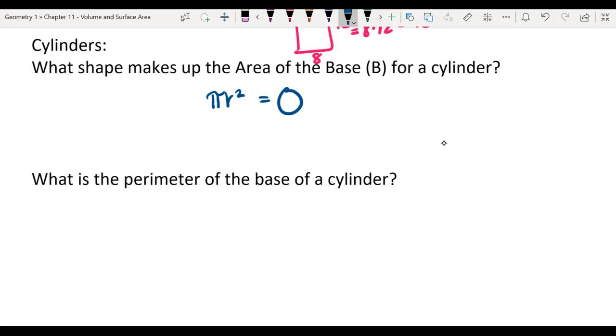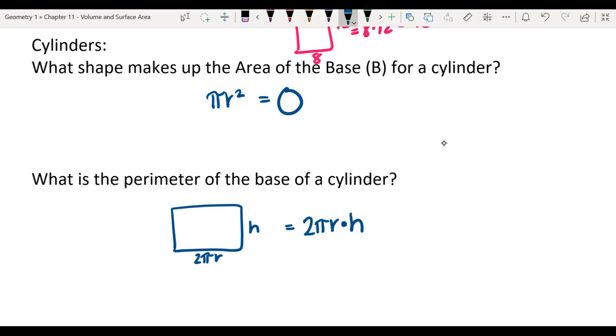Okay, so the base of it would be the distance around the circle. Okay, so if we have this rectangle in the middle, this side is 2 pi r. That's the distance around a circle. That's your circumference. And then this would be the height. So the area of this rectangle is going to be 2 pi r times whatever the height of your cylinder is.